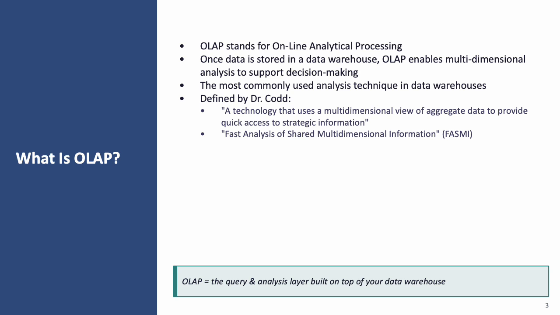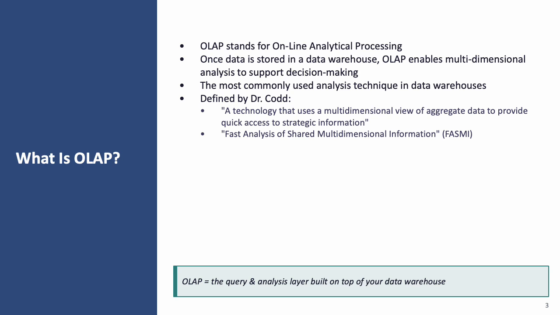This concept was formally defined by Dr. Edgar Codd, who many of you may know as the person who invented the relational database model. He described OLAP as a technology that uses a multidimensional view of aggregate data to provide quick access to strategic information for the purposes of advanced analysis.